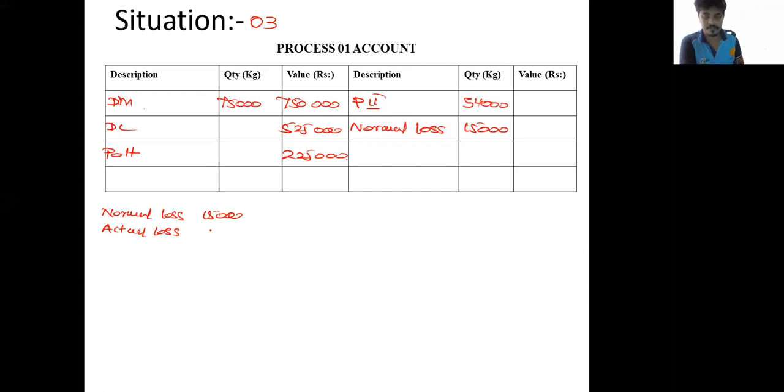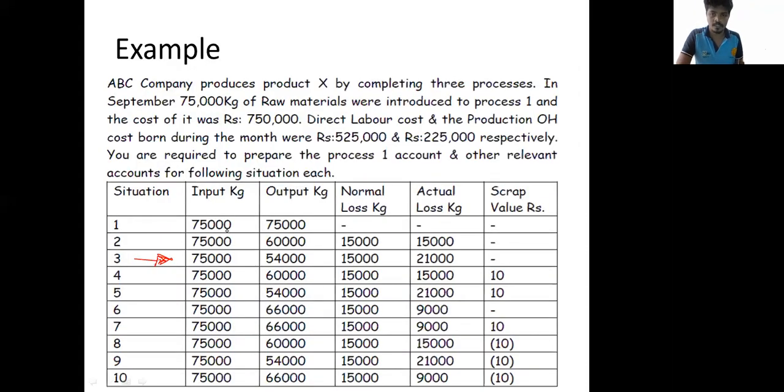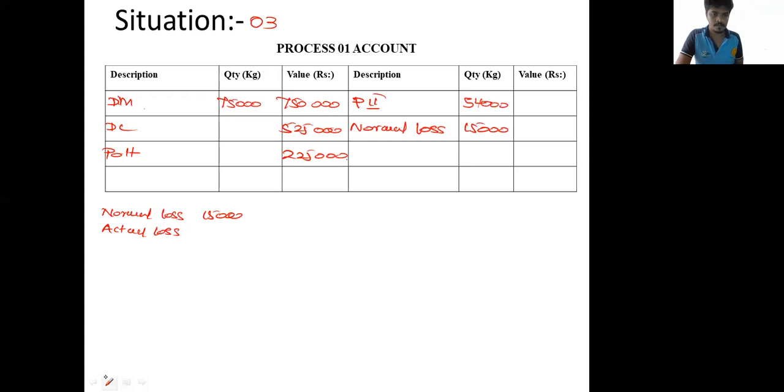Here actual loss is 21,000. Then here we can identify we are having 6,000 worth of abnormal loss. අබ්නෝමල් loss එක actual loss එකට normal loss එකට වඩා වැඩි. It can be recorded here.